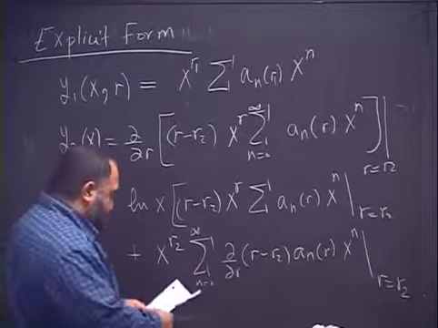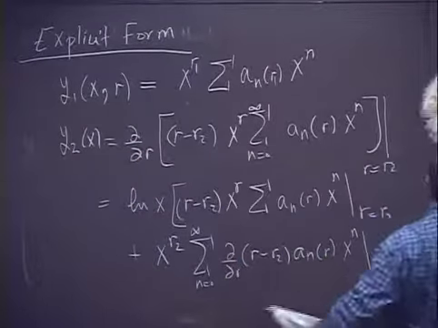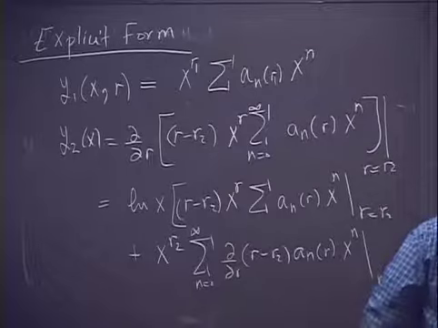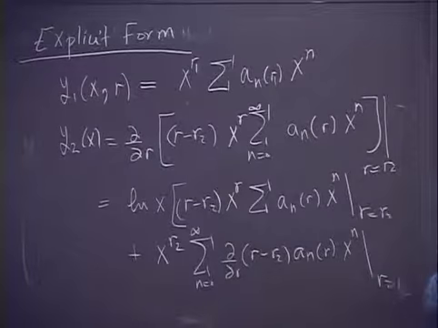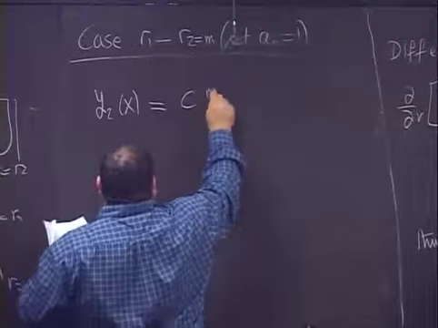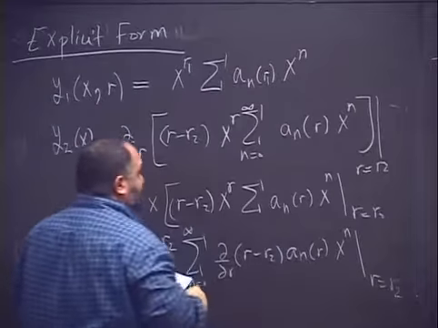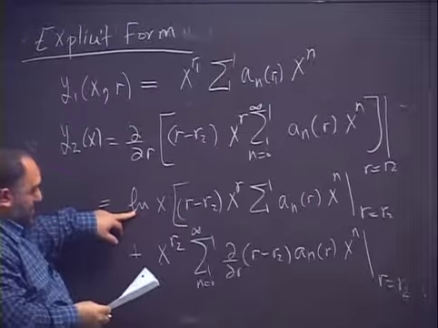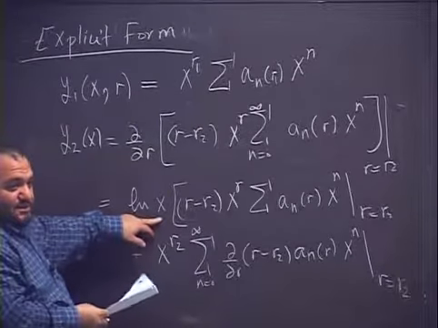So to simplify this one and give the general form, y2 of x would be just equal to some constant multiplied by y1 of x, because this term here is ln x, yes?